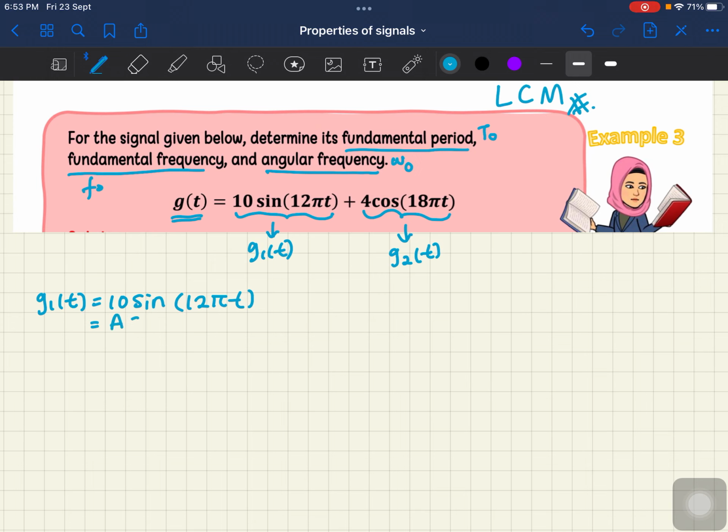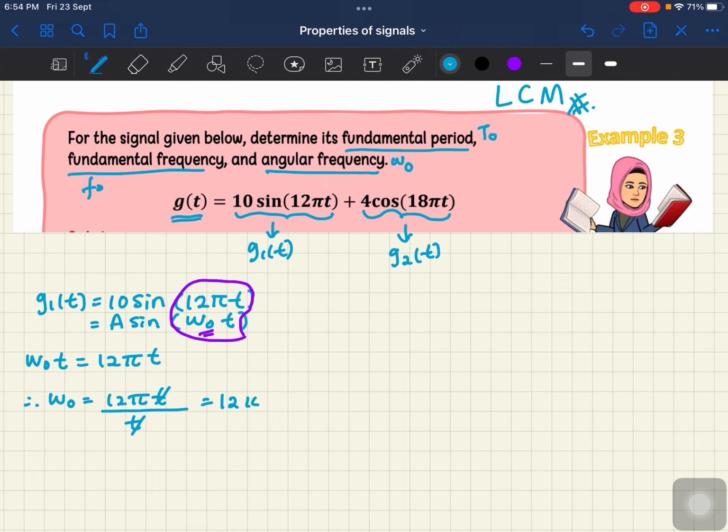It is a sine omega naught t. We make the terms in the bracket equal so that we can calculate omega naught. So omega naught t equals 12 pi t, therefore omega naught is 12 pi t over t. The t cancels out, so we get 12 pi radian per second.